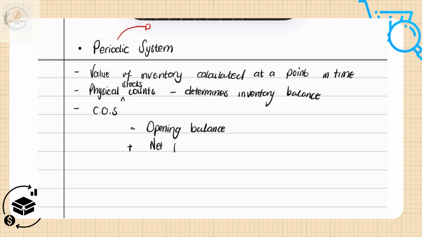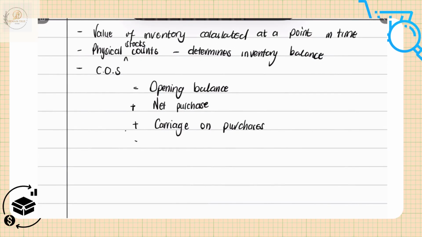Net purchases takes into account things such as drawings and returns. Then plus carriage on purchases, and then plus customs duty, things that come into South Africa, customs or imports duty. Then less closing balance, and this is equal to cost of sales.